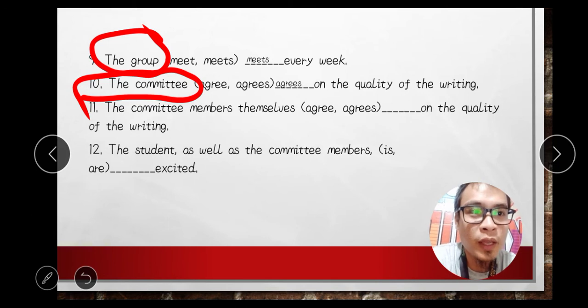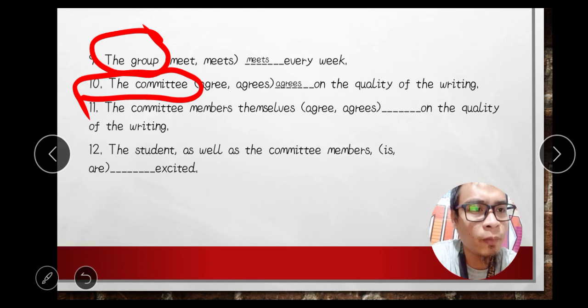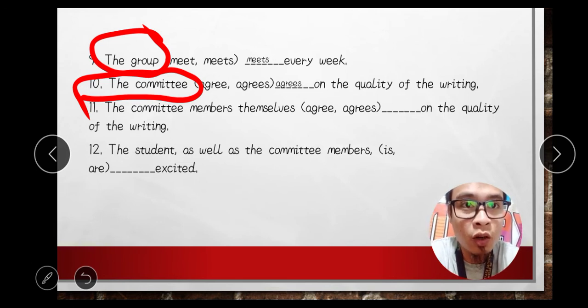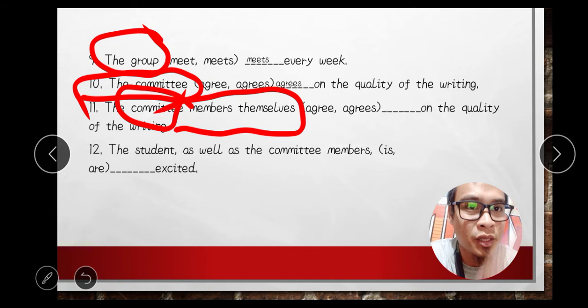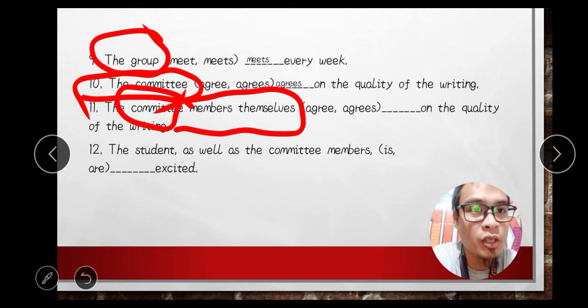That's the rule. However, we have one rule in a collective noun which says that whenever a certain group acts as individuals, meaning every member of that committee acts individually, the rule now changes into plural form.